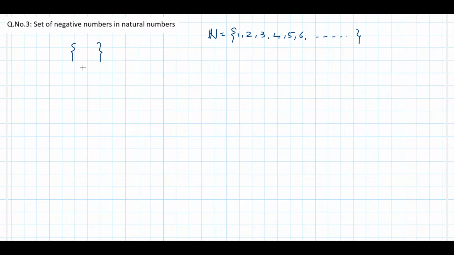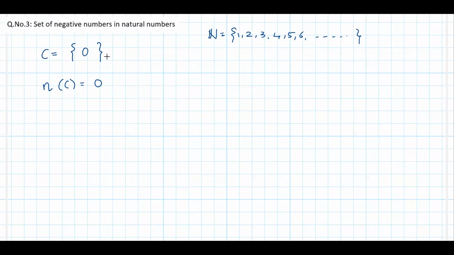There are no elements. We cannot write any elements in this, and we can name it, let's say C. So what is the cardinality of C here? It is 0. Sometimes you make a mistake, like there are no elements, so 0 elements, right? There are 0 elements, so I will keep 0 here. No. If you keep 0 here, it says that 0 is a negative number from natural numbers.